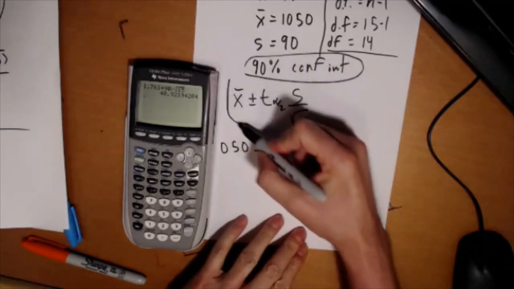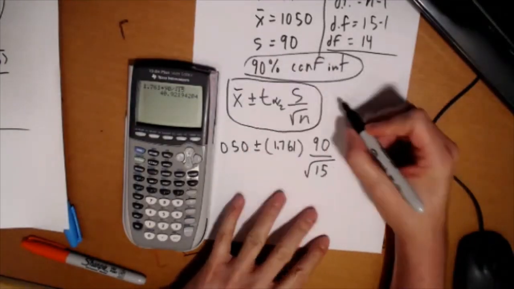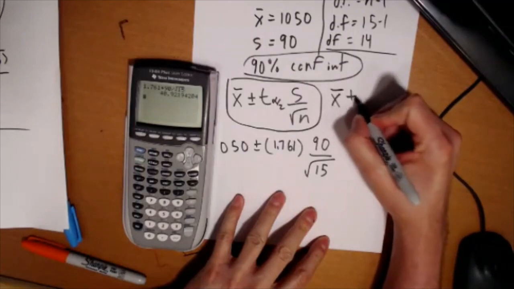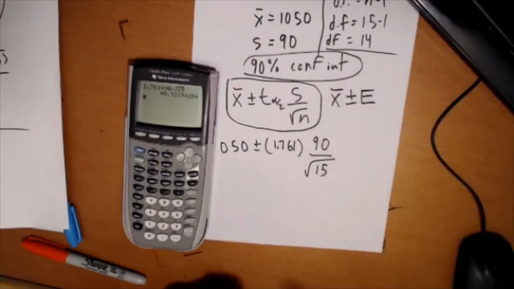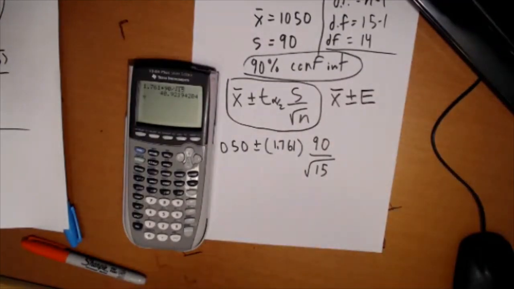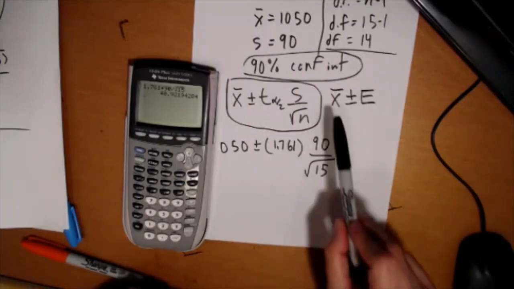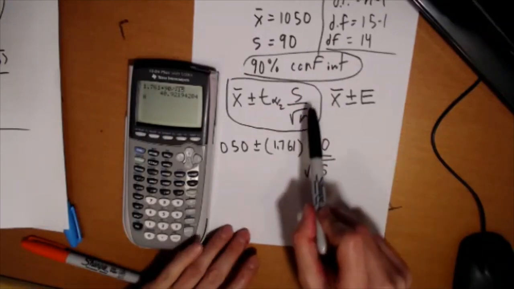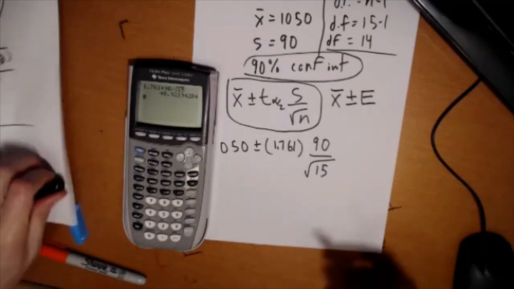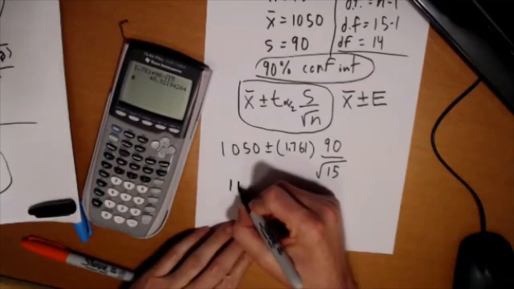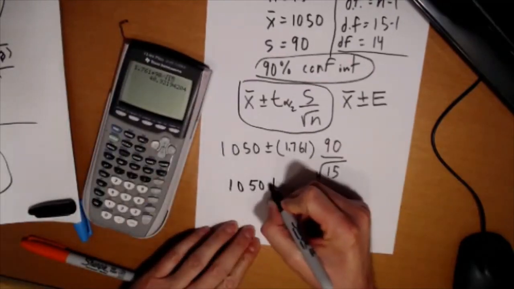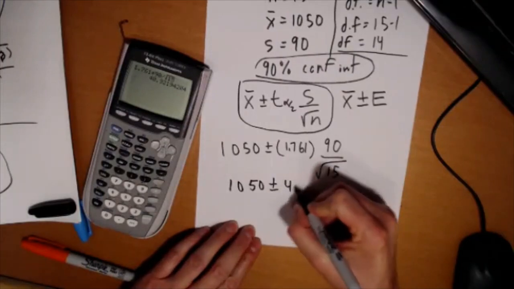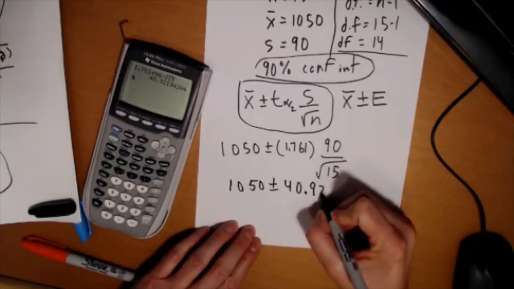So maybe you see that this is analogous to what we were doing before, x bar plus or minus E. Remember when we were doing the confidence intervals for proportion, we had p hat plus or minus E, so everything's analogous. So we have 1050 plus or minus 40.92.